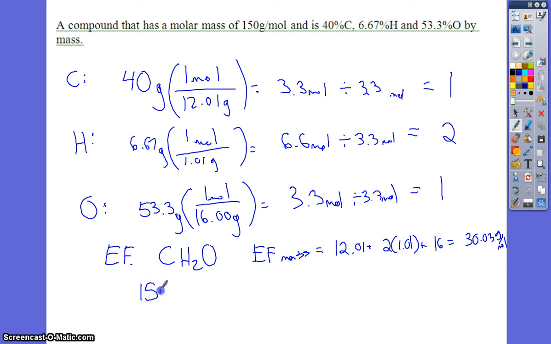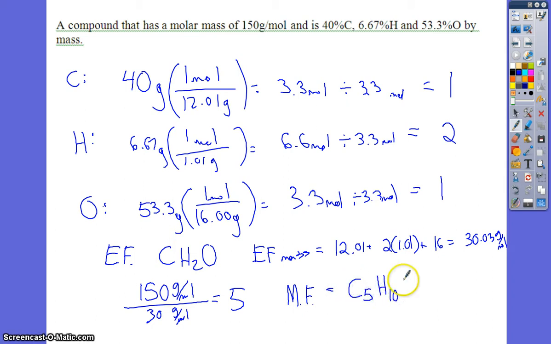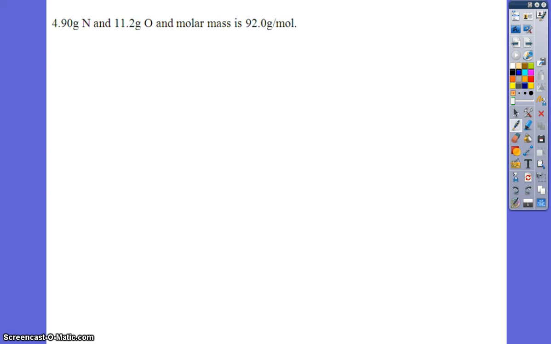So I take 150 grams per mole and divide that by 30 grams per mole, and I find that it gives me 5. So there are 5 of the empirical formulas in my molecular formula. So instead of CH2O, my molecular formula must be C5H10O5. That would be the molecule that is 40% carbon, 6.6% hydrogen, and 53.3% oxygen.